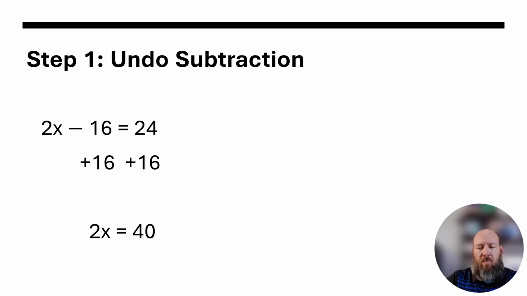So the first thing we want to do is add the 16 back, which is the opposite operation of subtraction, to both sides. So as you see on the left side, the 16 cancels out and goes away. And on the right side, we add the 16 to 24 and we now have 40. So now the equation at the bottom is rewritten as 2x equals 40.